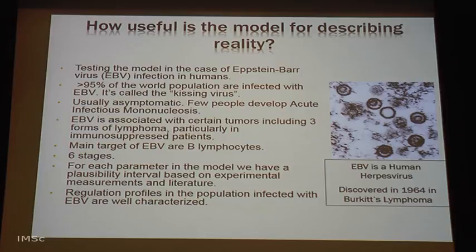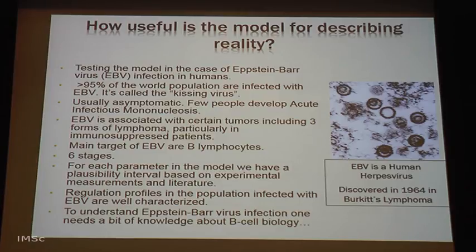Also, what is very important, I told you this equilibrium comes with a regulation profile. So you have your steady state, and in that steady state, some stages are regulated by the immune system, some are not. And that is something that, in the case of EBV, is well understood: which are the types of cells or the stages that are normally immune regulated in people that are infected, and which stages are not.